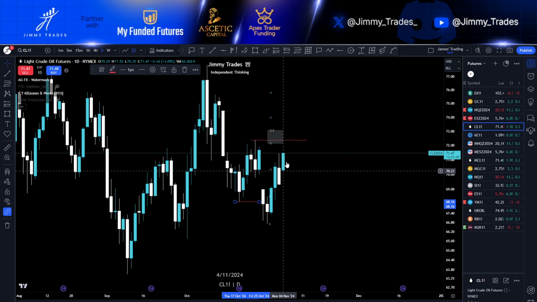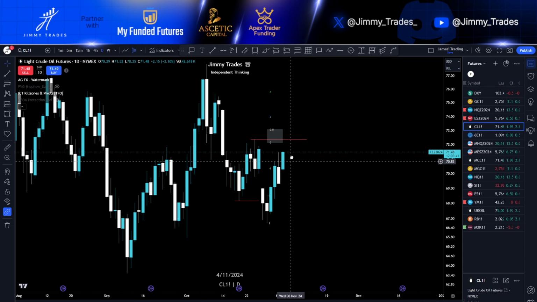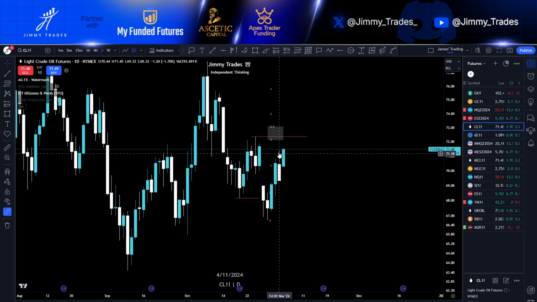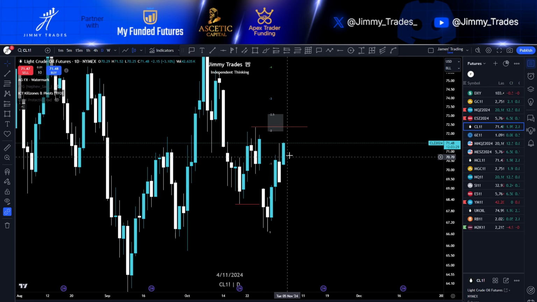And then we've had price pushing higher today. Now we have already swept Friday's high, so potential here that we may see price move back into the range.